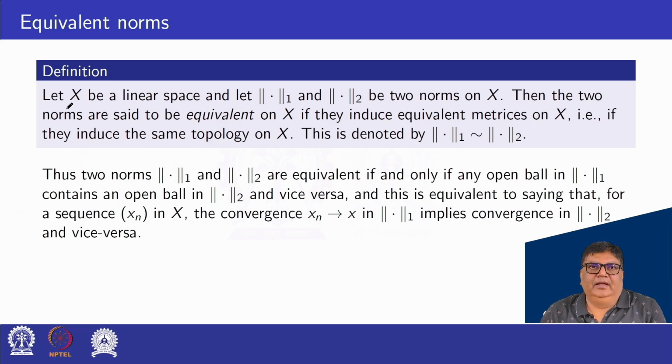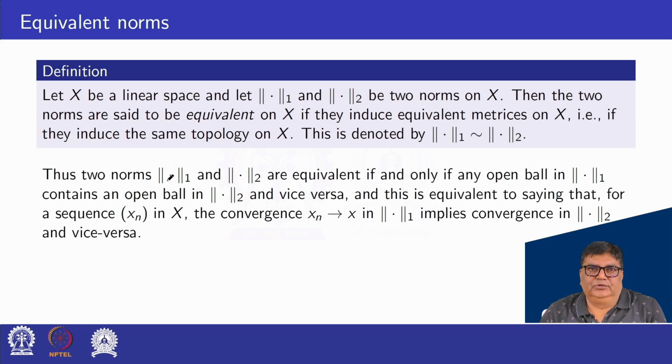Equivalent norm. Let X be a linear space and let norm 1 and norm 2 be norms on X. Then the two norms are said to be equivalent on X if they induce equivalent metrics on X, that is, if they induce the same topology on X. This is denoted by norm 1 equivalent to norm 2.